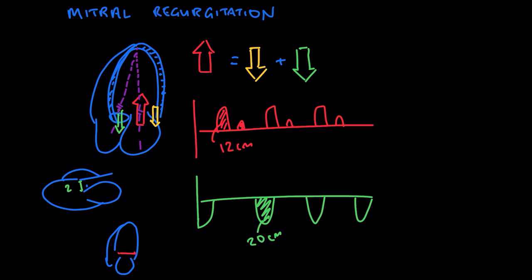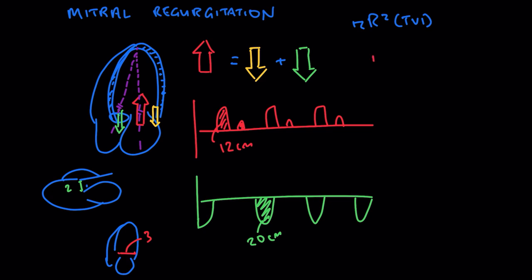And let's say that that is 3. So the radius will be 1.5. So now, knowing that our equation is pi r squared times VTI, that gives us the flow for each of these arrows.